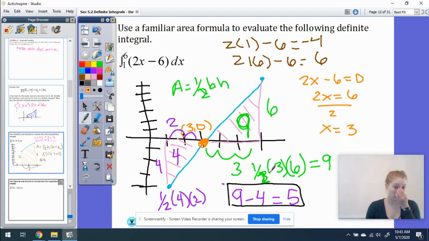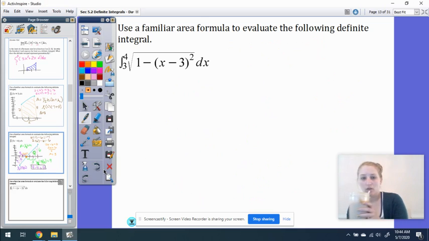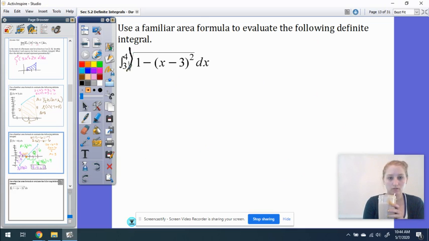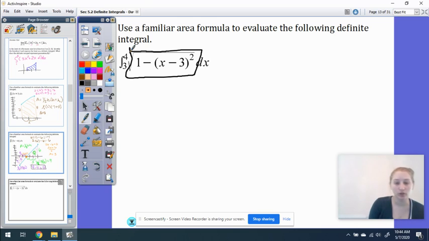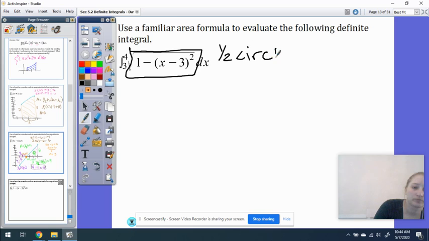Okay. So for the next thing, what I want you to do is plug into Desmos or your calculator this equation right here, just this piece with the square root and everything. All right, what does it look like? A half a circle, right? Or semicircle.